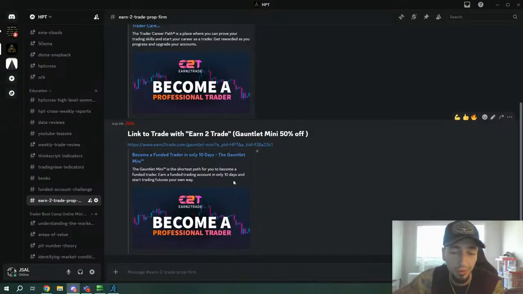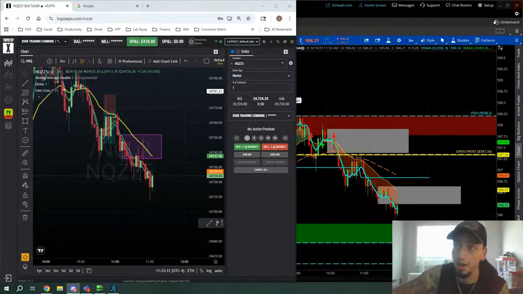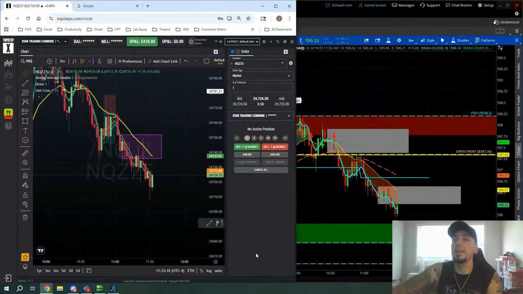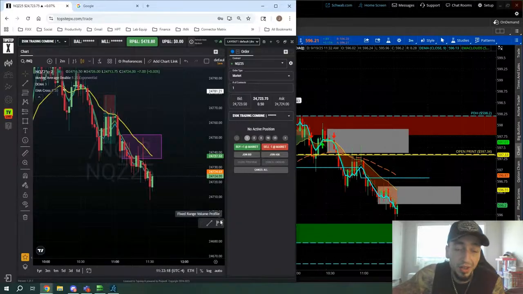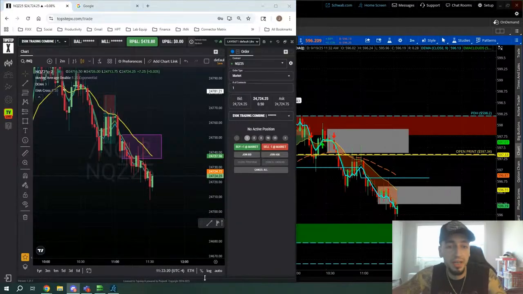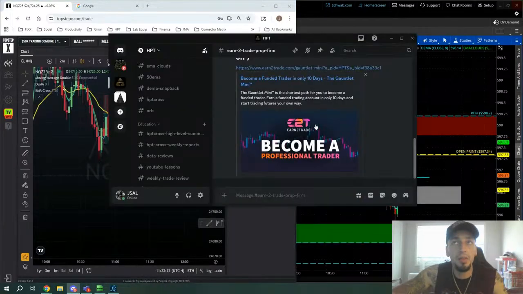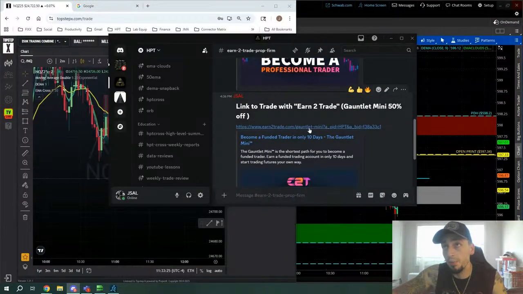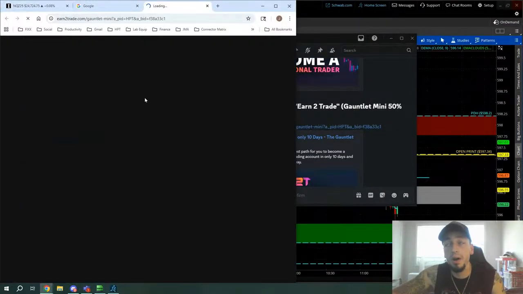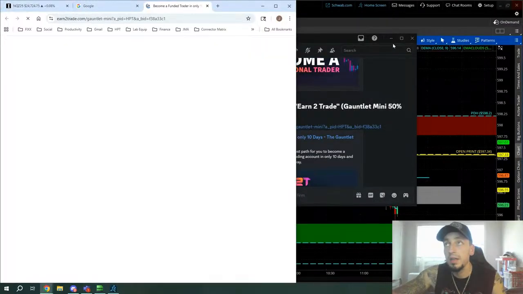I haven't gone through it yet, though, which is why I haven't really recommended it to anybody yet. But yeah, there might be a good opportunity there. I gotta check it. If anybody knows anything about this Earn to Trade? I looked at it. It looks pretty good. These are pretty cheap accounts too.